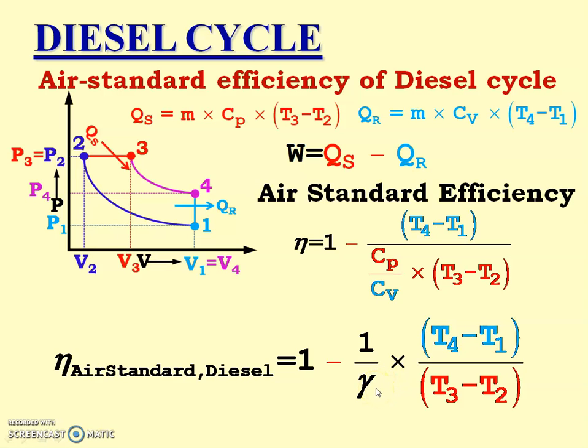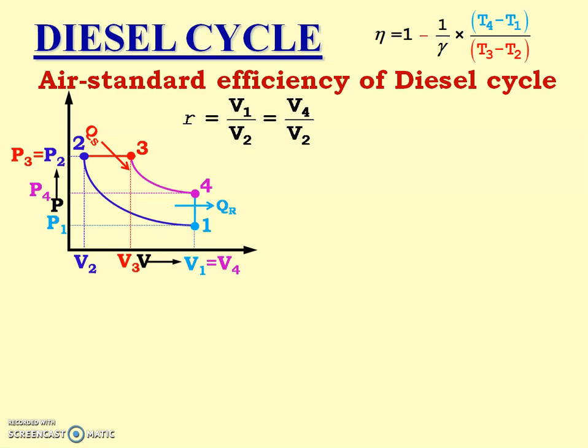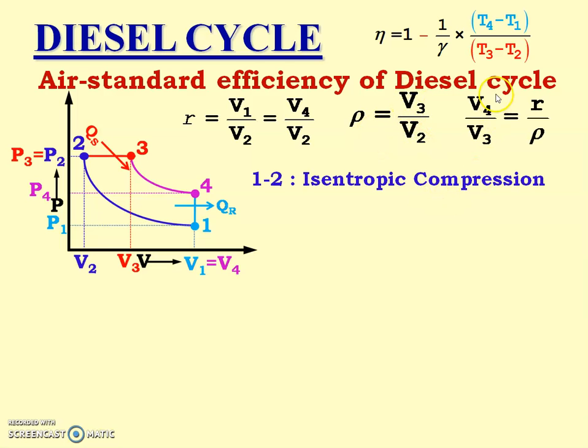Now let us derive another equation for the air standard efficiency of diesel cycle by simplification. These are the ratios that we have already derived. R is equal to V1 by V2, that is equal to V4 by V2. Cutoff ratio rho is equal to V3 by V2, and V4 by V3 is equal to R divided by rho.